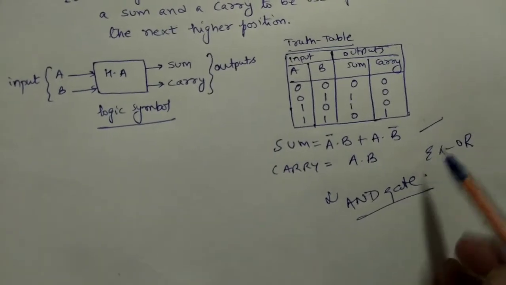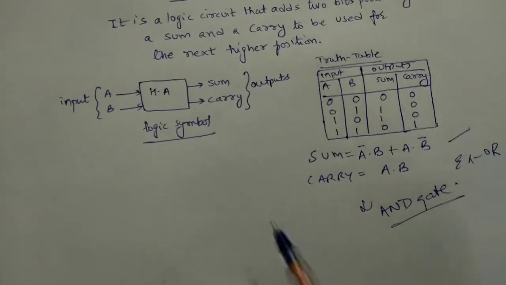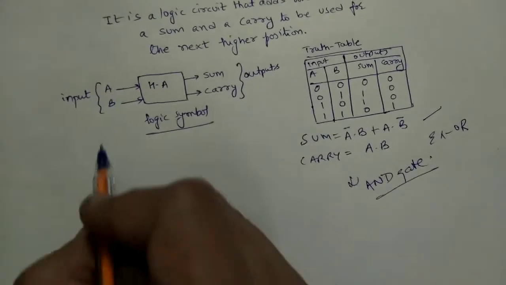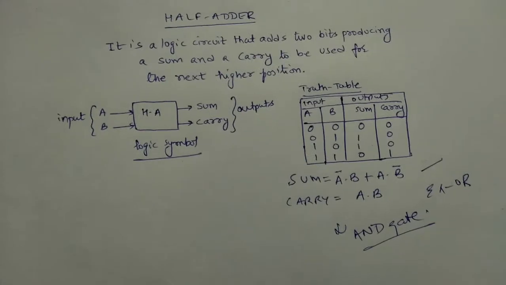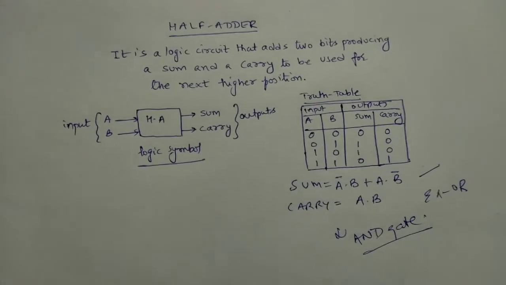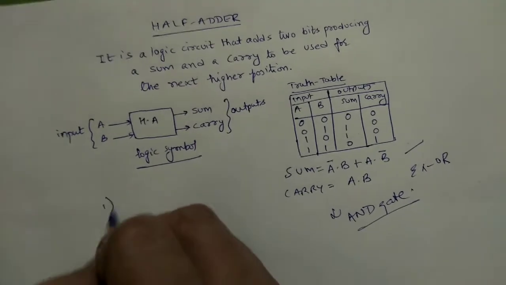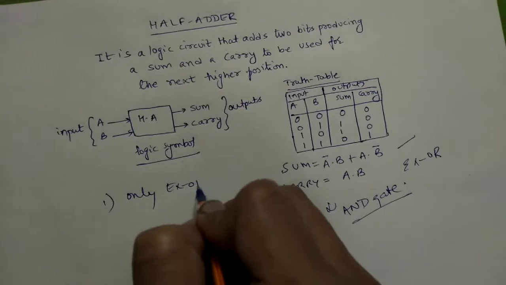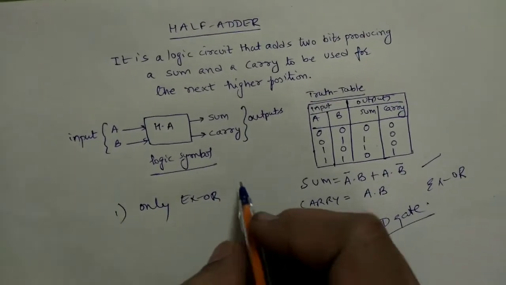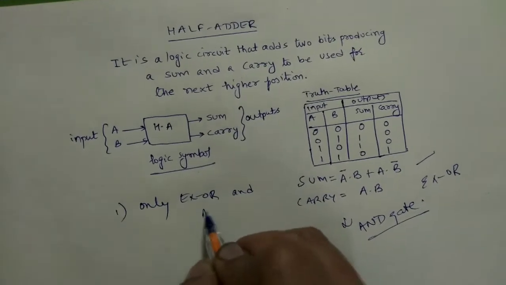Now these two things are very helpful for us when we have to draw the logic circuit diagram for the half adder. There are two ways in which we can draw the logic circuit diagram for this half adder. Let us take the first method, in which we use only exclusive OR and AND gate.